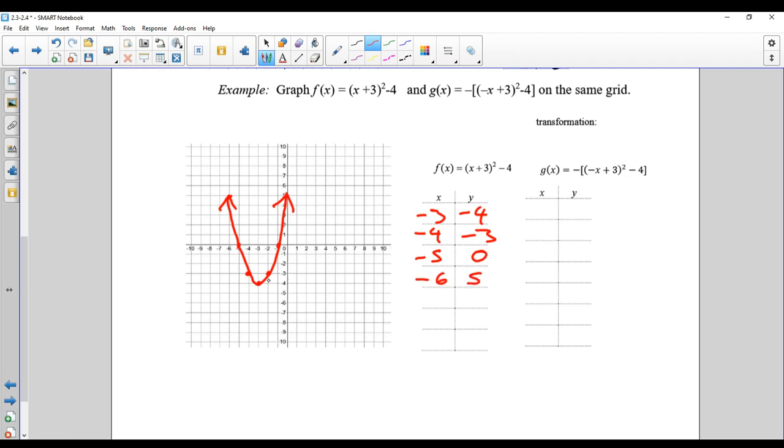And then on the other side of that, we have -2, -3. And then we have -1, 0. And then we have 0, 5. I'm assuming you all got the same thing. Okay. So we have our points. Did I get something wrong? No, okay. So we have our points.